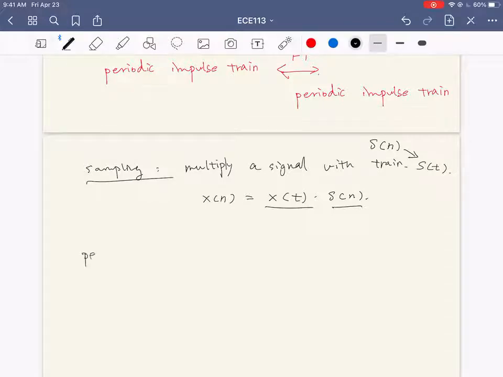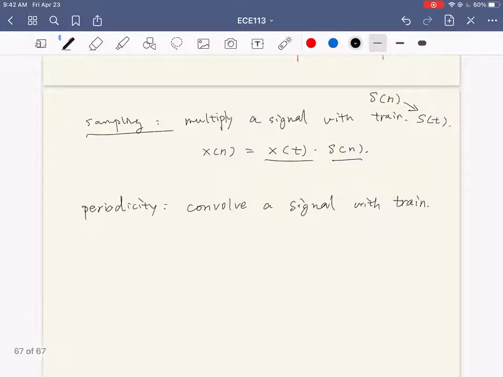And periodicity is basically convolving a signal with an impulse train, right? Because the train is a series of impulses, and when you convolve with an impulse, applying the shifting property, it is basically replicating your signal at a different index.